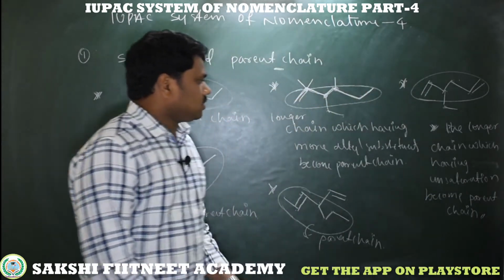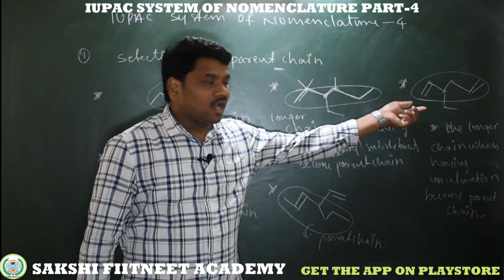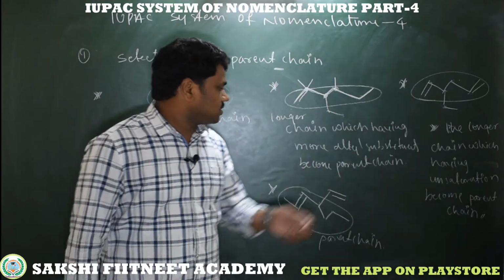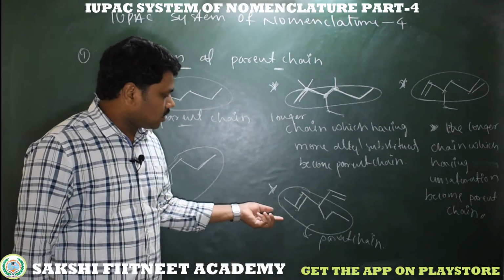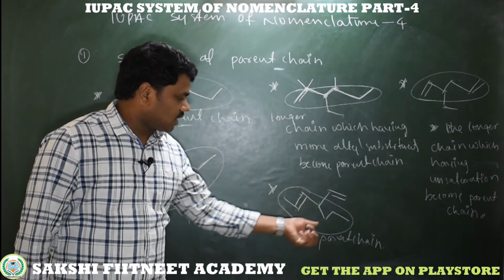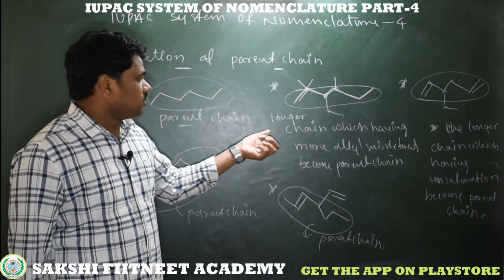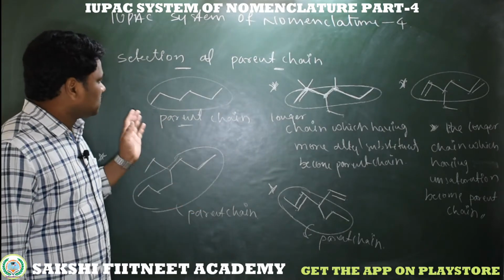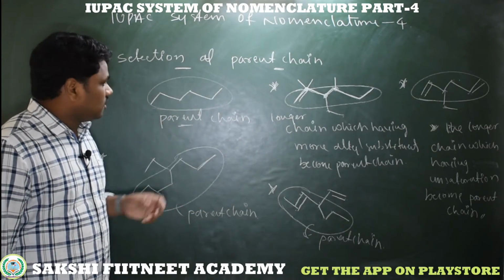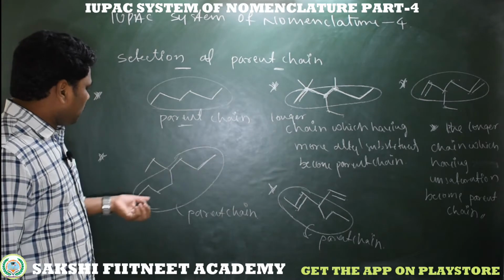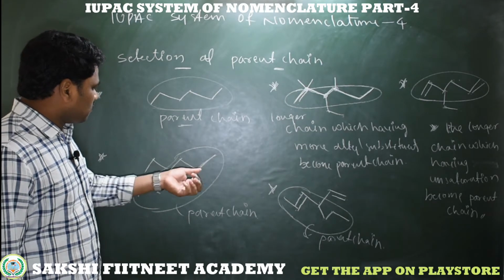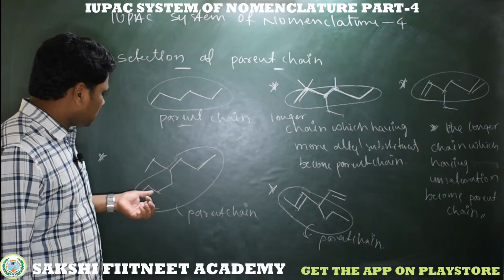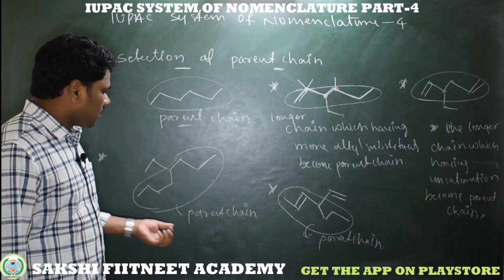So this is a selection rule. If the molecule has such characteristics, this is the selection rule. If the molecule has only one chain, there is no confusion, you simply consider that one chain. And if the molecule shows branching, you just take the path which is longer as the parent chain.